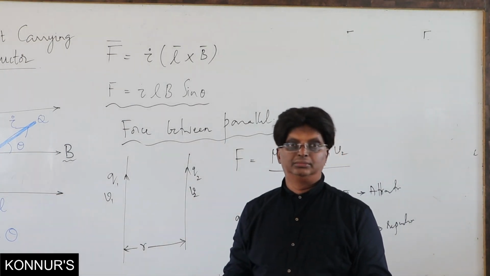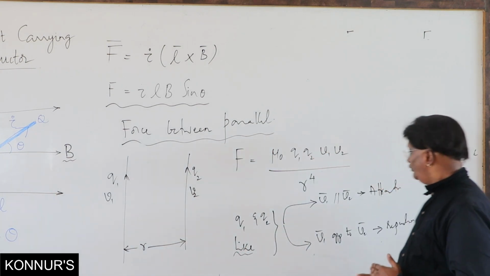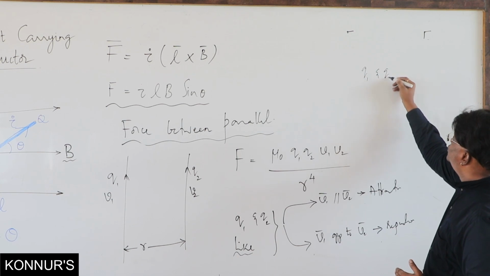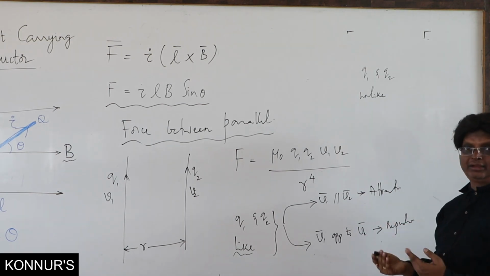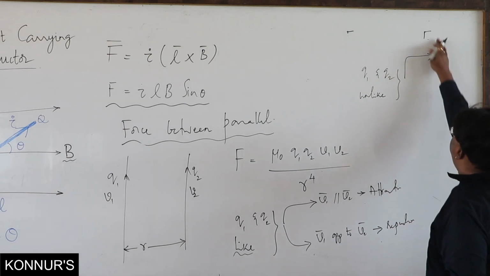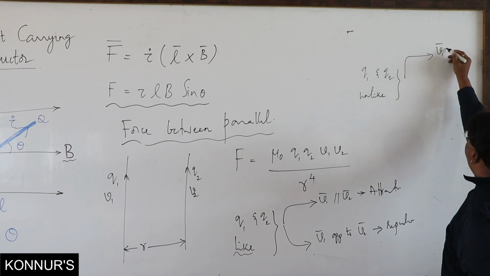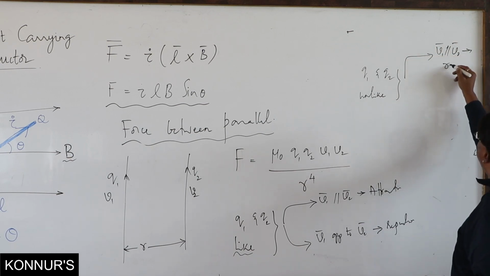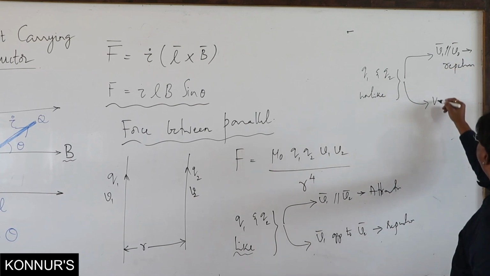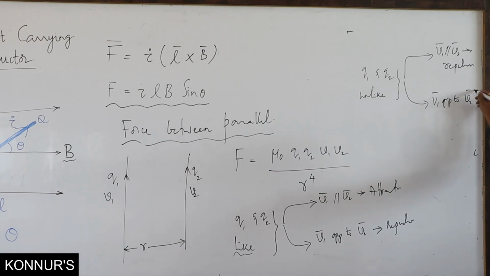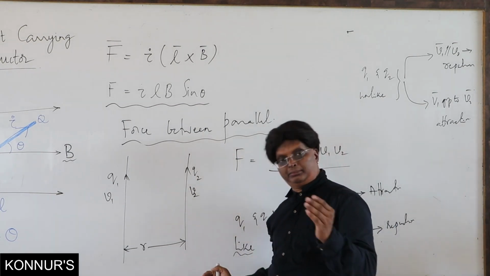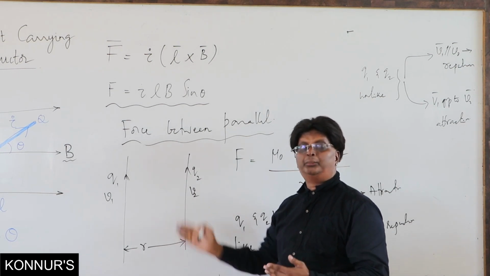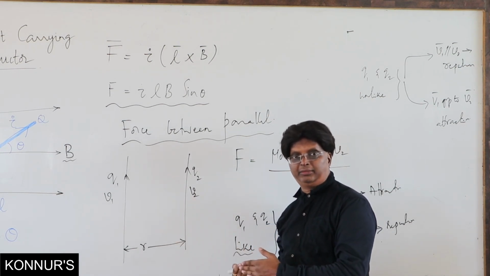Supposing Q1 and Q2 are unlike, then it will be the reverse. Because we must remember the direction of current, combined we observe that for Q1, Q2 unlike, V1 bar parallel to V2 bar gives rise to repulsion, and V1 bar opposite to V2 bar gives attraction. So it can be a beam of protons both, or one beam of protons and another beam of electrons, proton beam, alpha beam, electron beam, any such beam.